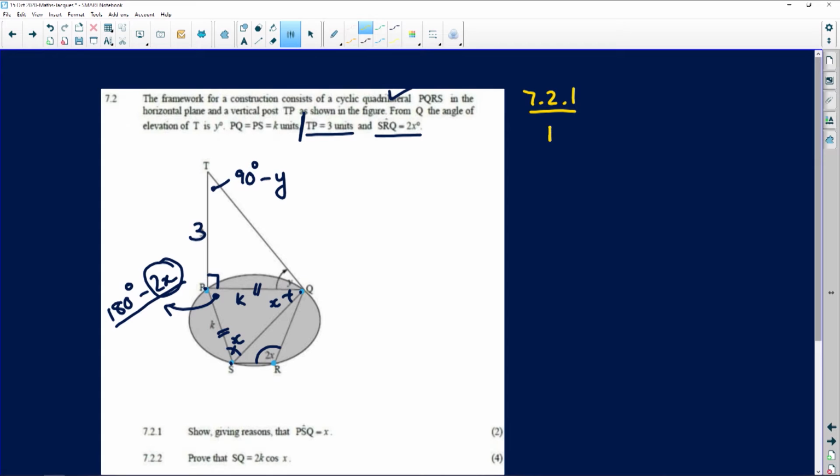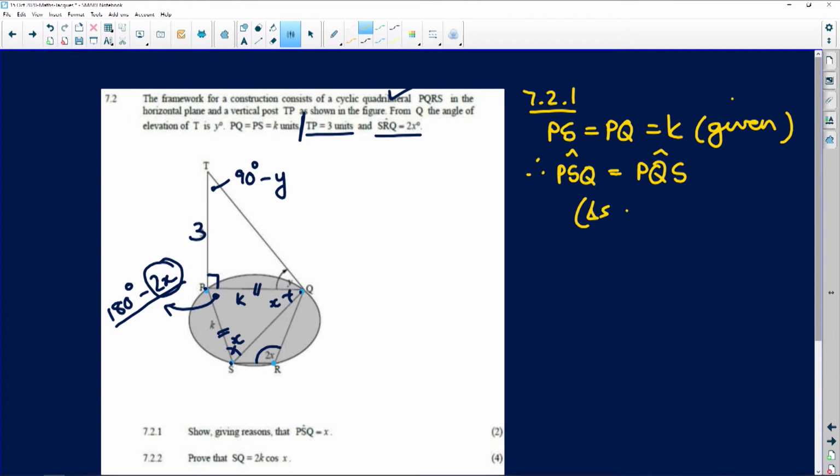So we're going to say PS is equal to PQ is equal to K. Why is that the case? It was given. So therefore, angle PSQ is equal to angle PQS. And the reason is angles opposite equal sides are equal.